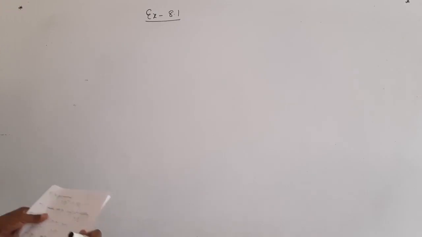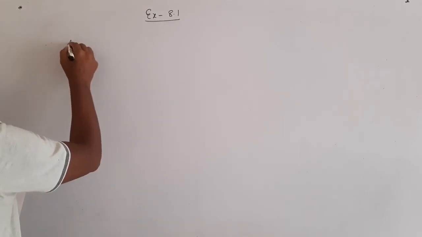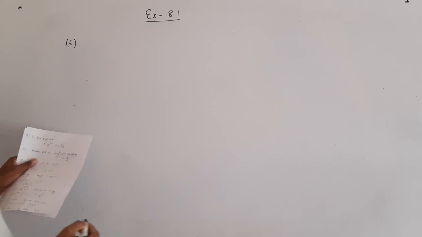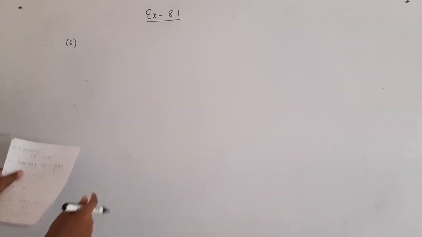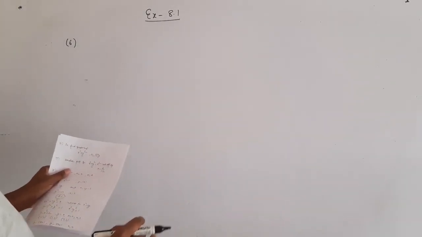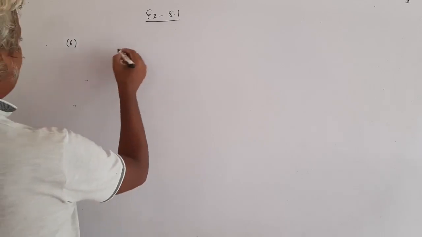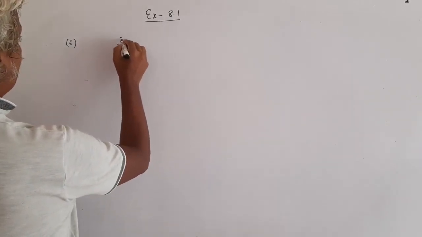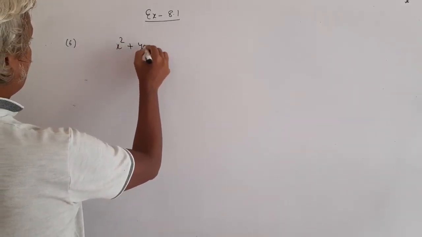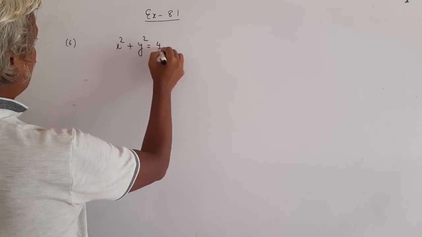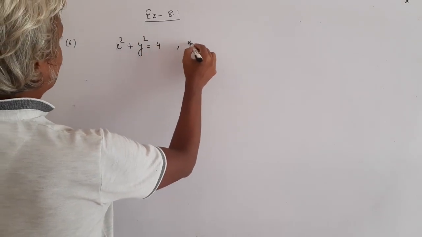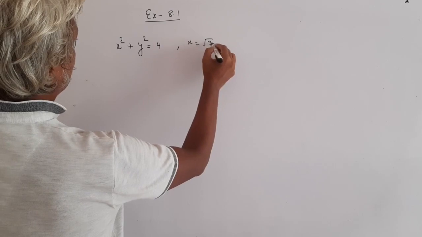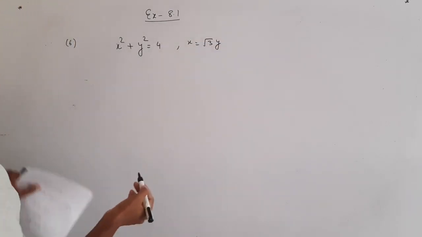Now we are going for question number 6. Find the area enclosed between the curve x square plus y square equal to 4 and x equal to root 3 y in the first quadrant.